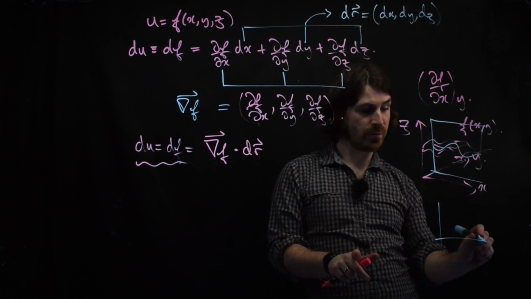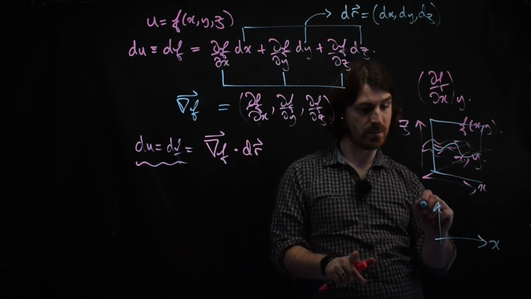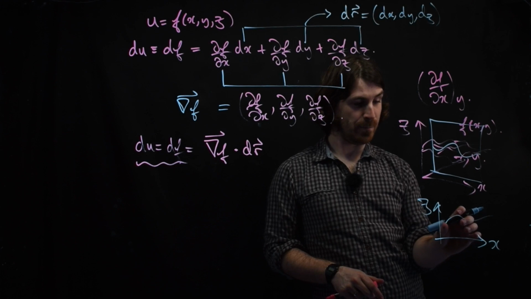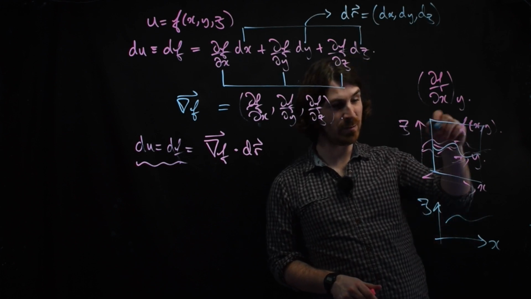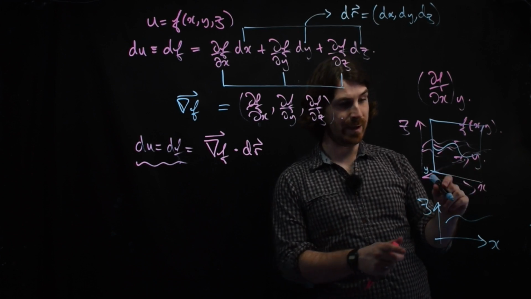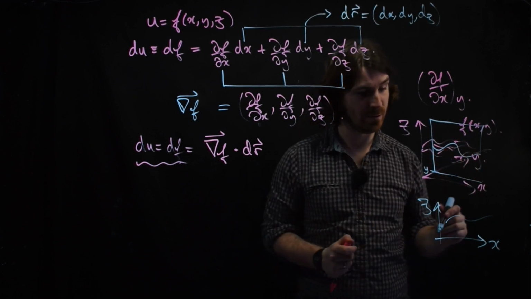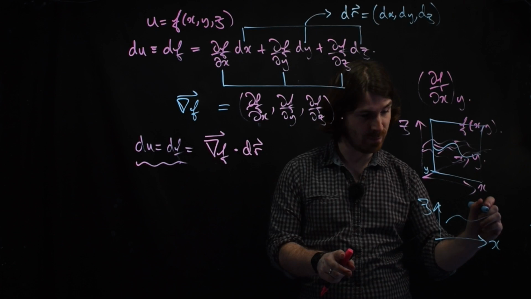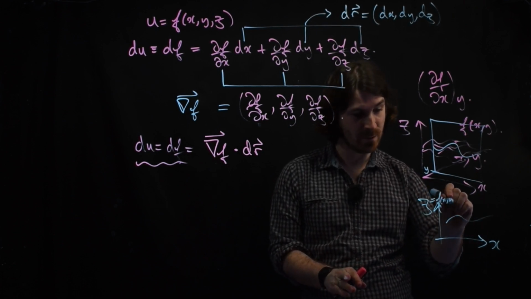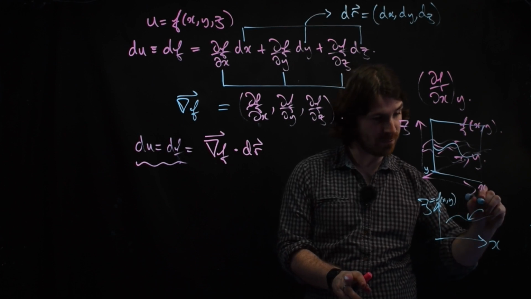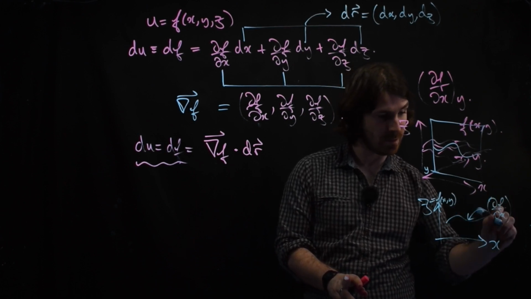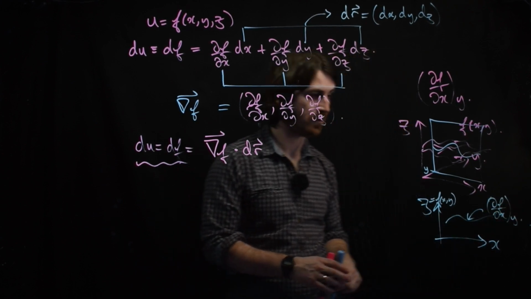So we had a curve in xz that was the intersection of this xz plane at the value of y and the surface. z is a function of x and y, and the derivative of this was given by df by dx. It's understood that we keep y constant.